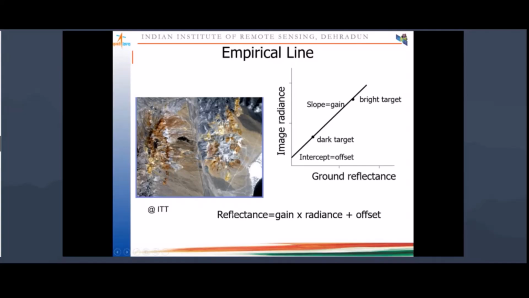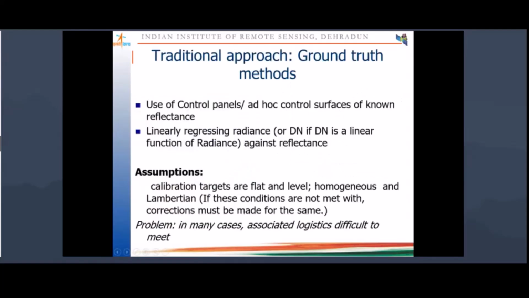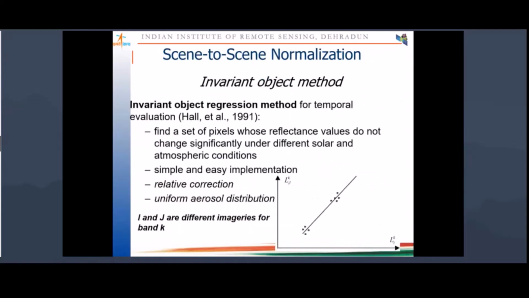You get target reflectance. That means from step number 1, you are directly jumping to step number 4. So target reflectance is equal to gain, that is the slope of this line, times radiance plus the offset, the intercept, right?